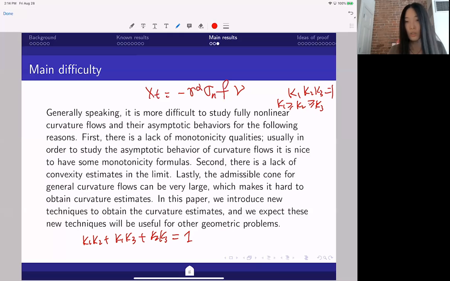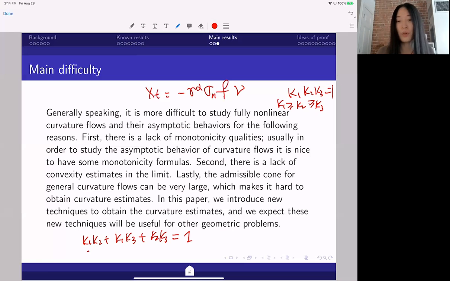In order to bound the principal curvature, we actually need a bound on kappa 1. So we require an upper bound on the largest principal curvature. This makes things more complicated.